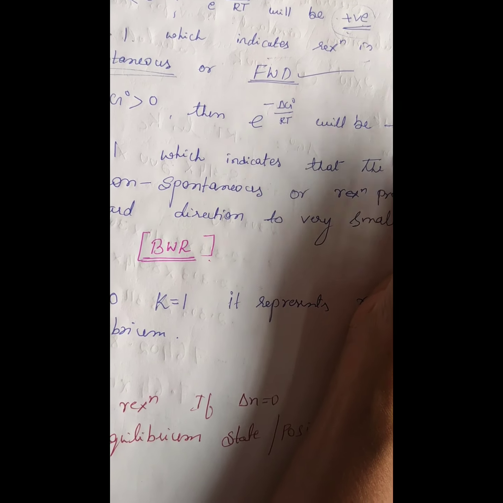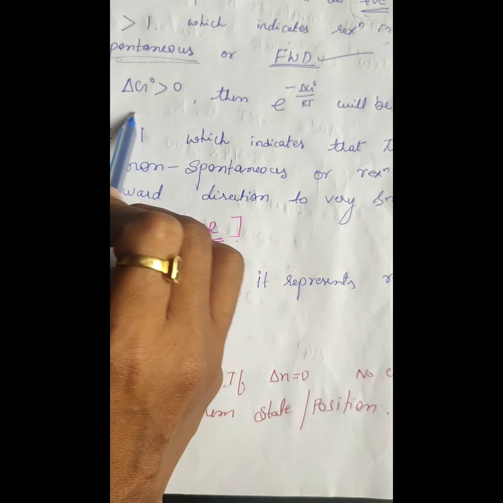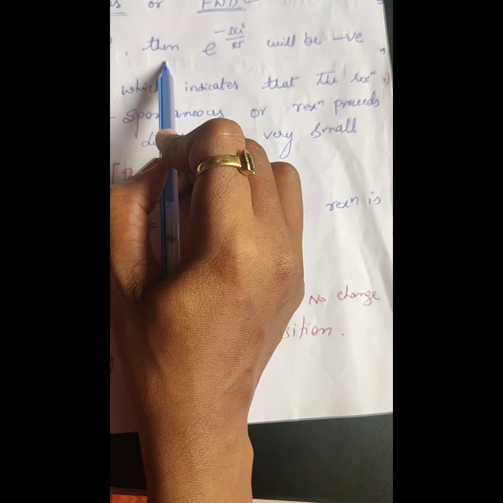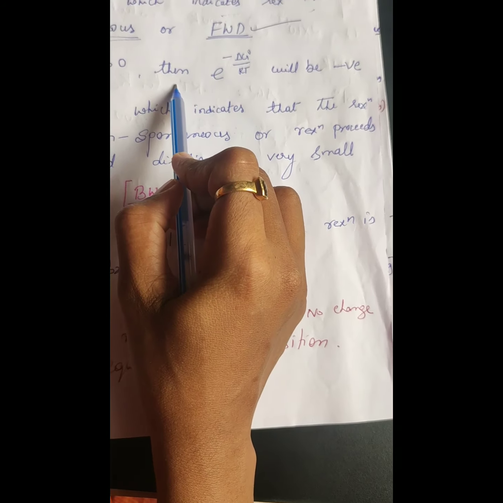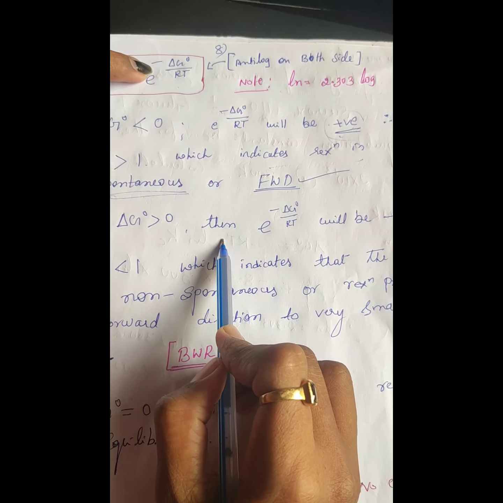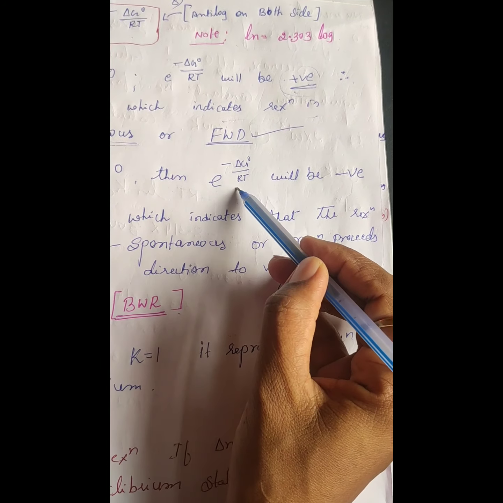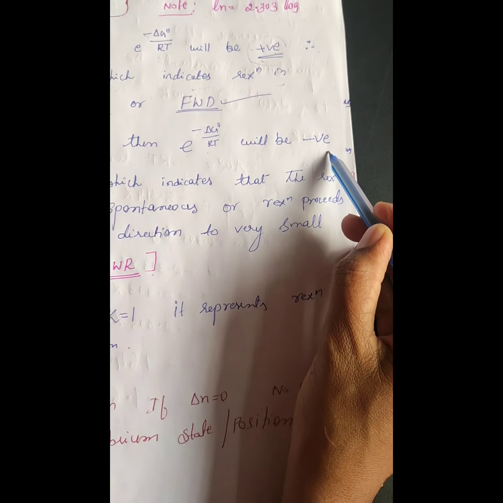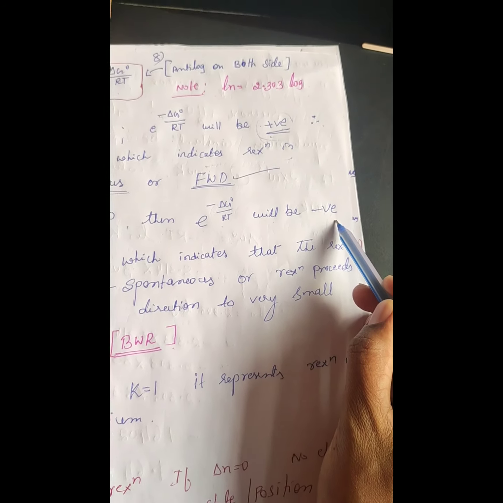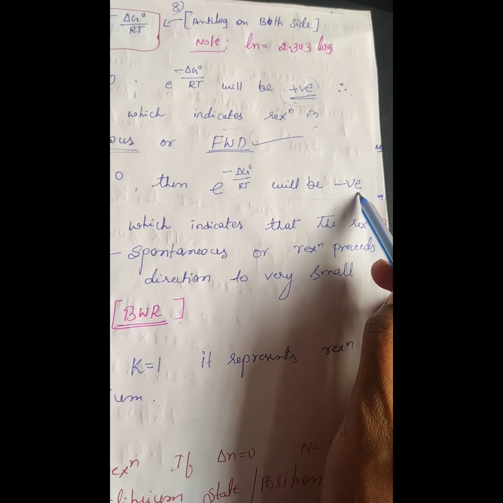Similarly, if delta G naught is greater than 0, then what happens? Delta G naught is positive, so e to the power minus delta G naught by RT becomes negative in the exponent; overall the exponent will be negative.